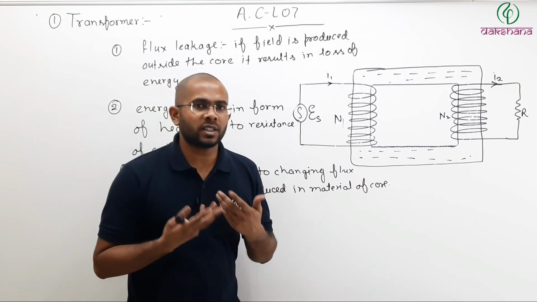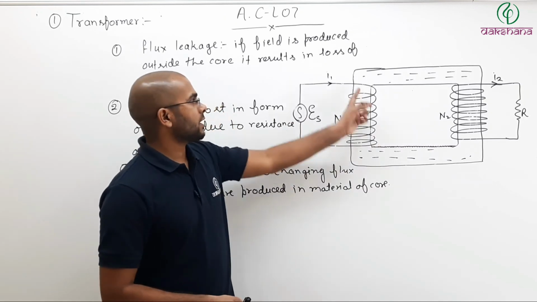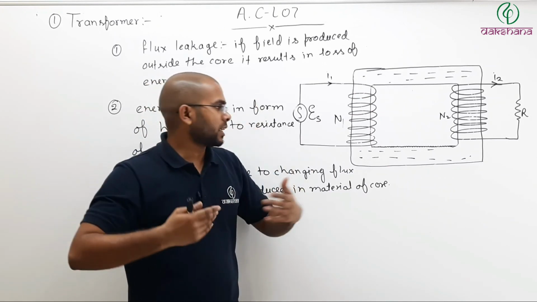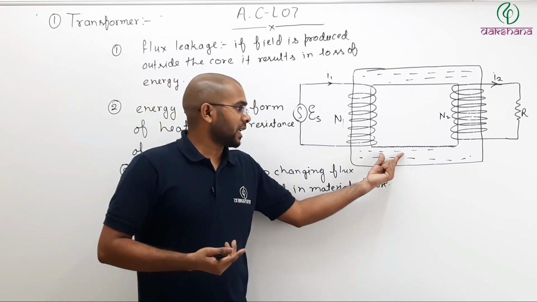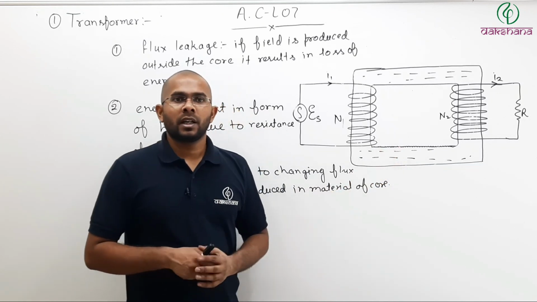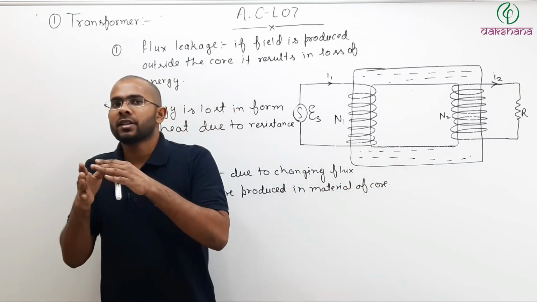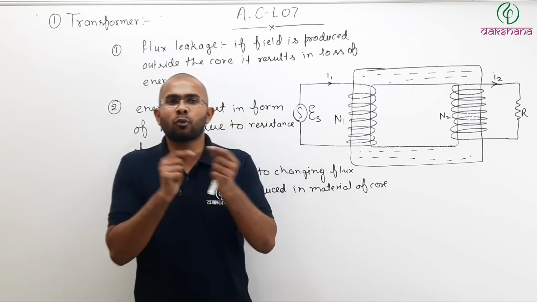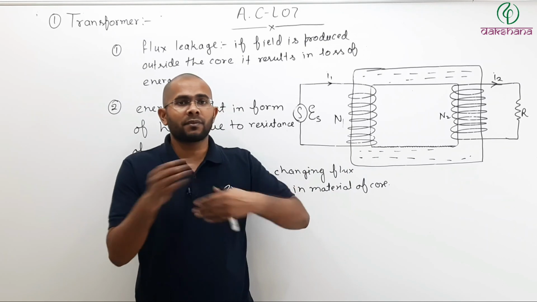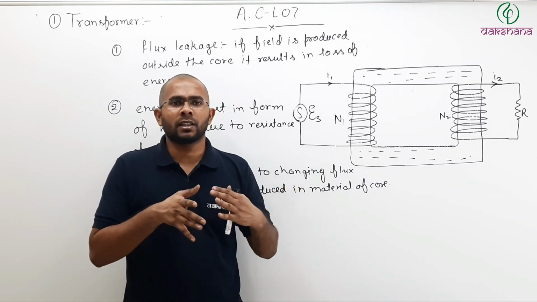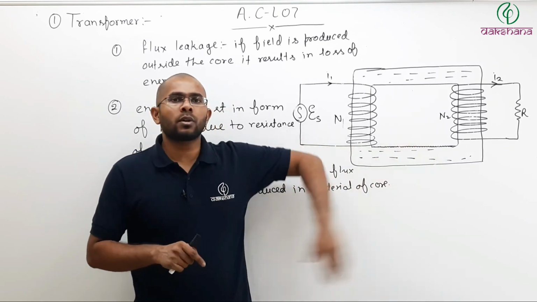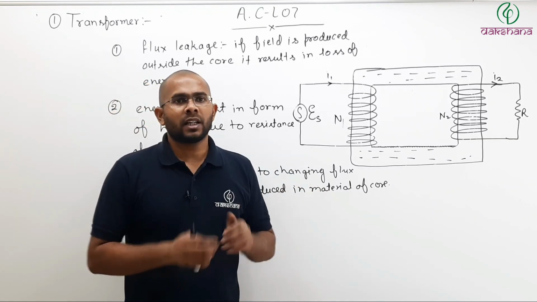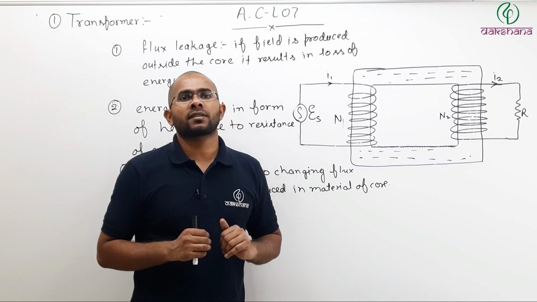And because it is an AC source, the direction of current will be changing continuously, very quickly. So the soft iron core is getting magnetized and demagnetized very quickly, sometimes like 50 times in 1 second. That is why there is a hysteresis loss.